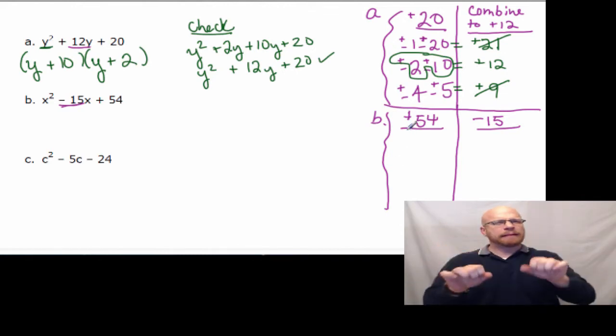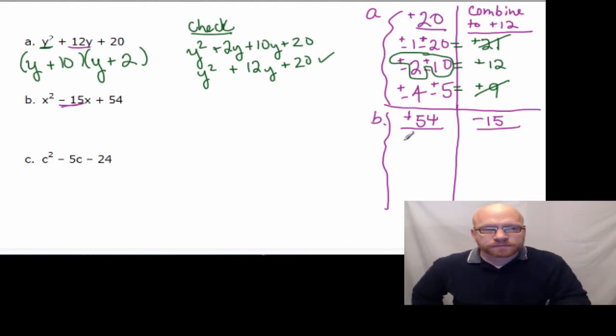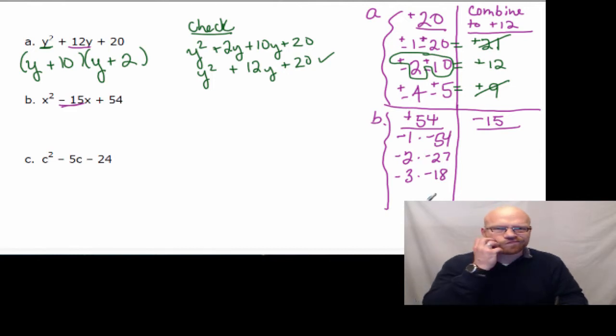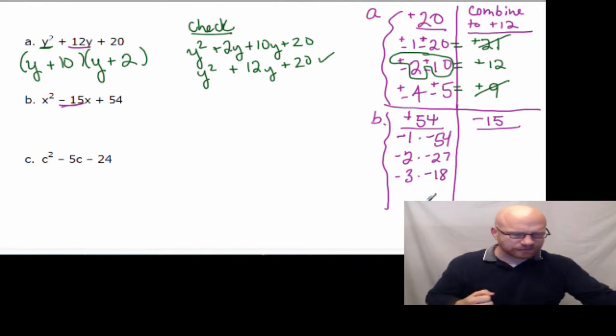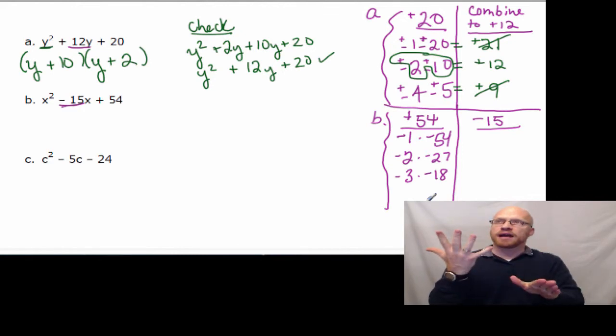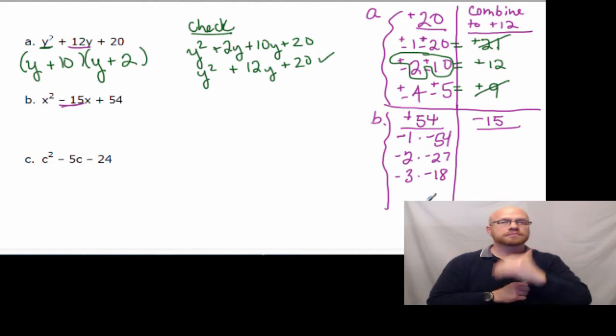Now 54 has quite a few possibilities. I hope we can find one that fits this. We'll see. Let me think. 4. Does that go into 54? Nope, that's not going to work. 5 is not going to work because we'd need a 5 or a 0 in the last digit. 54 is not divisible by 5.